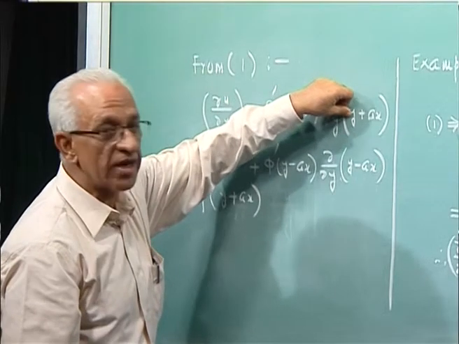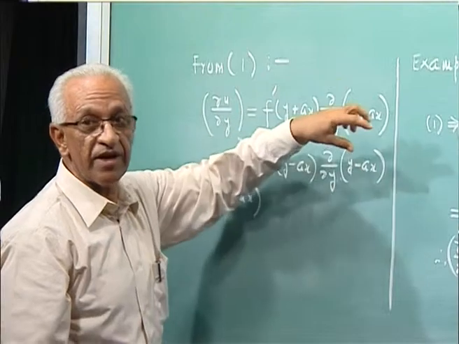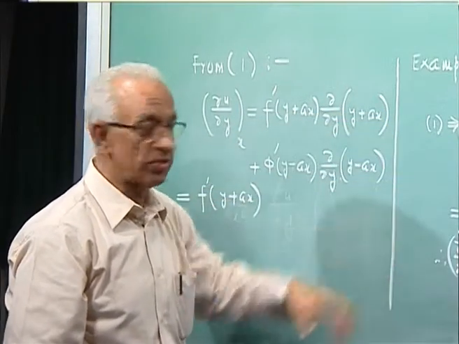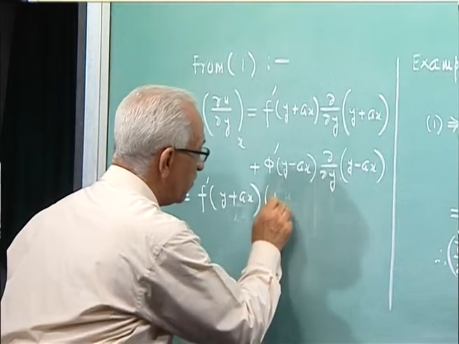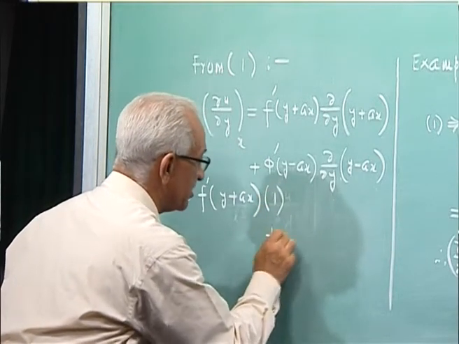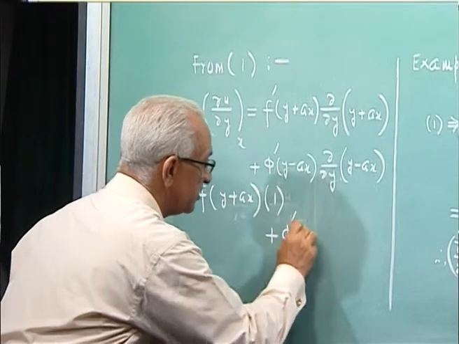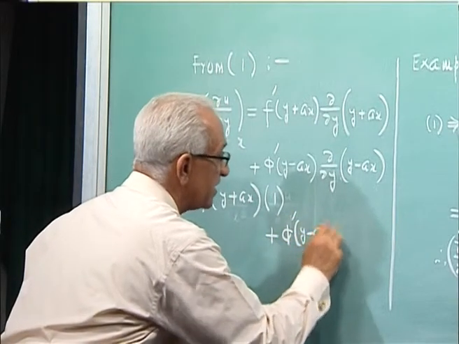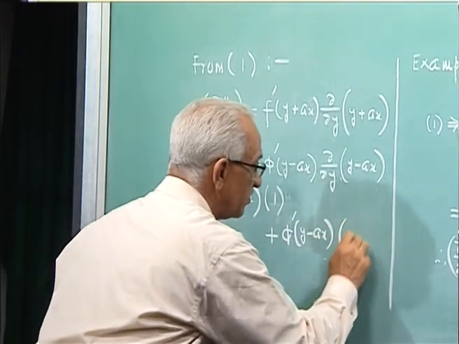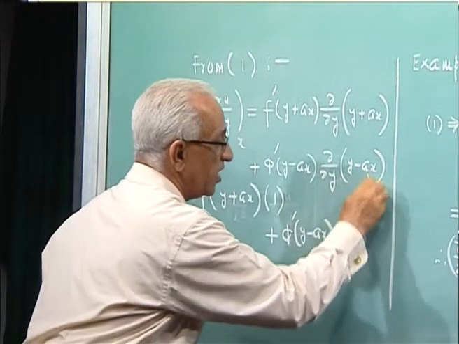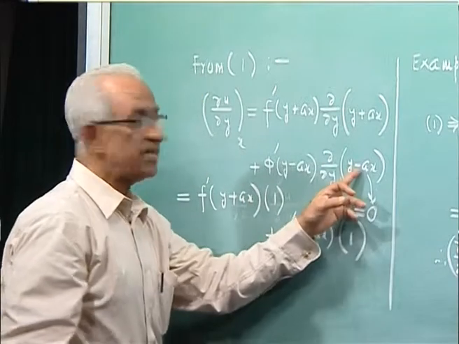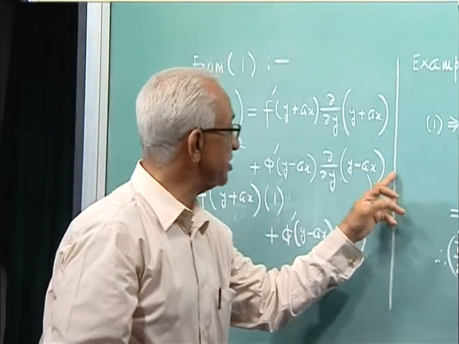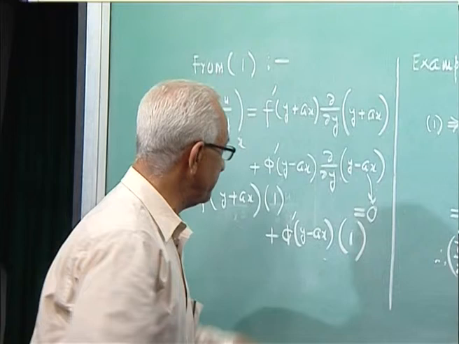Y with respect to y. I recall we have done this yesterday also in lecture 2, and so it will be done as only 1, the second term, plus phi dash, this will give you y minus ax, and similarly this will be 1, this will give you, as I have told you, equal to 0. a is a constant, x is a constant, y is the variable, will give you 1.